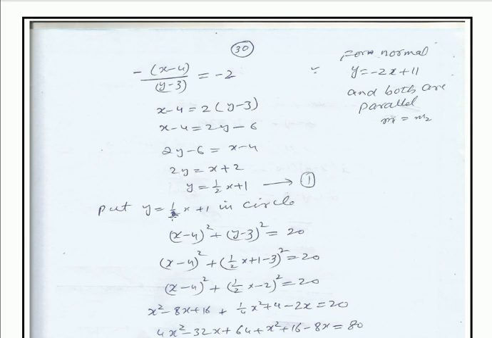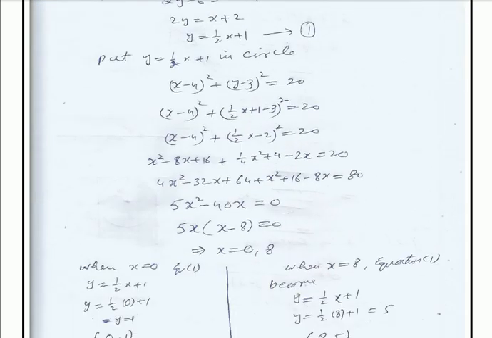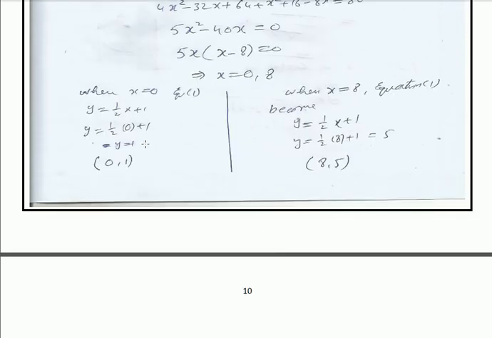Put y equal to 1 by 2 x plus 1 in the circle. After simplification, we get x equal to 0 and x equal to 8. So when x equal to 0, we get y equal to 1, and when x equal to 8, we get y equal to 5.